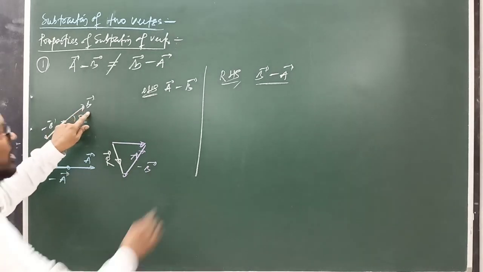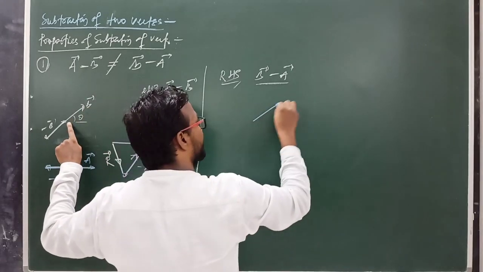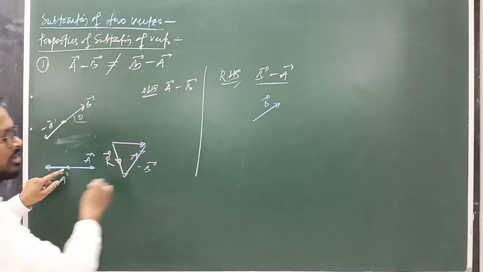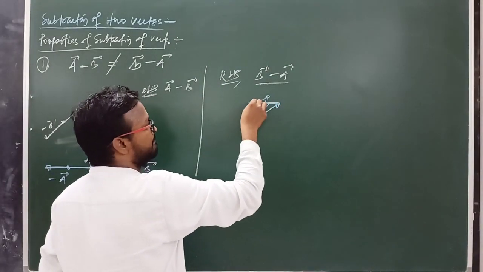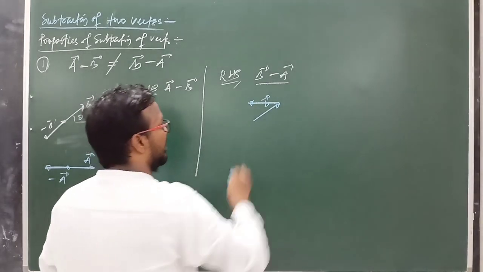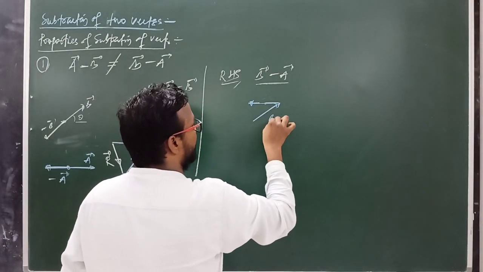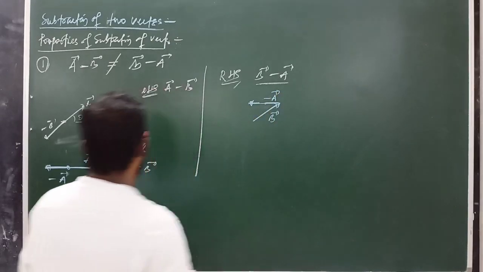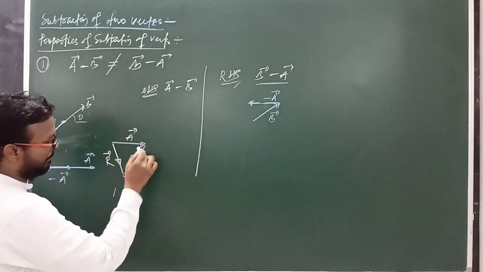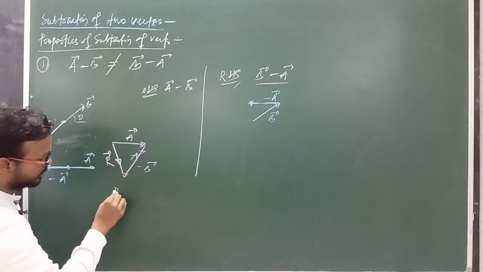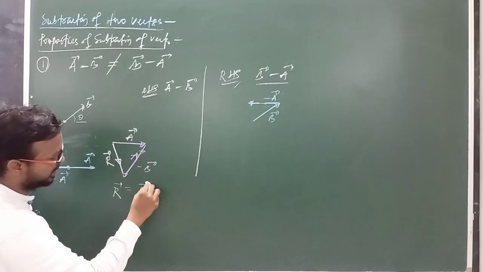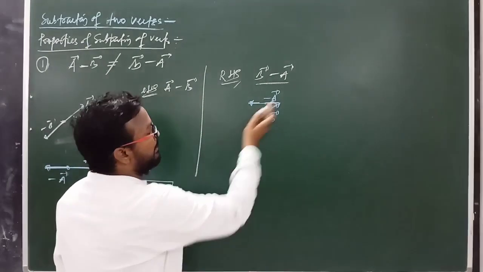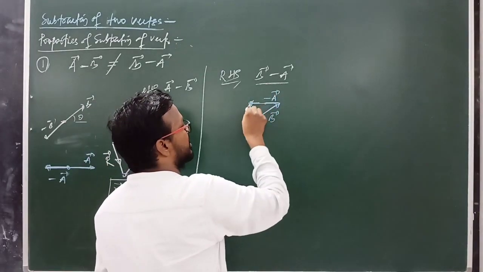So the B vector is here, the minus A vector is here, and this vector is A. Clear? So the resultant here is A vector minus B vector in this direction, but here it is B vector minus A vector, and this is the resultant vector.